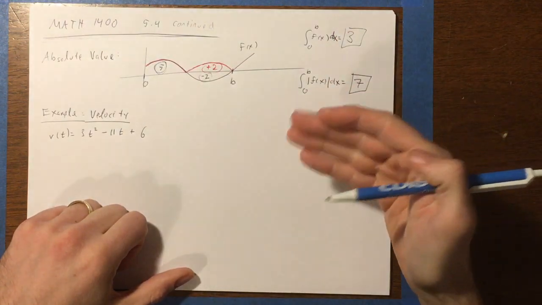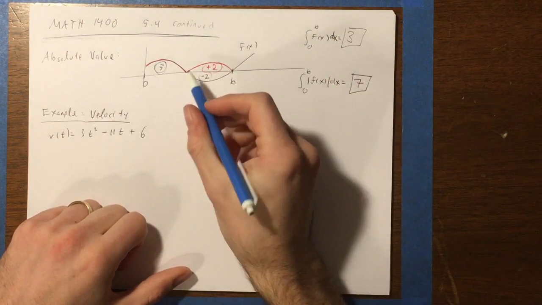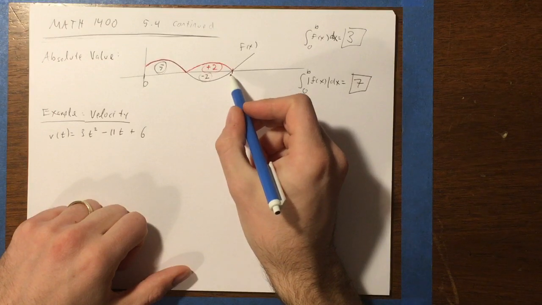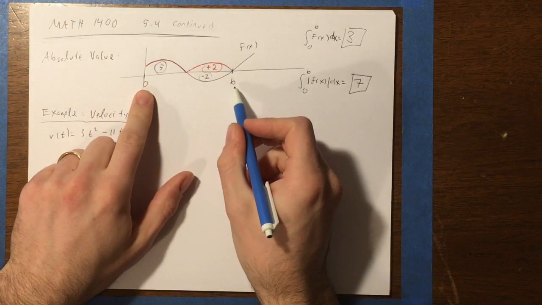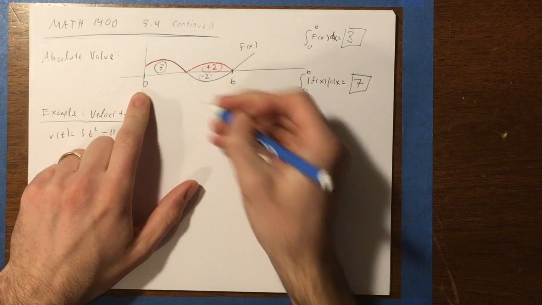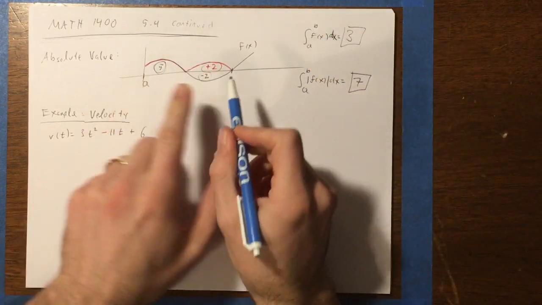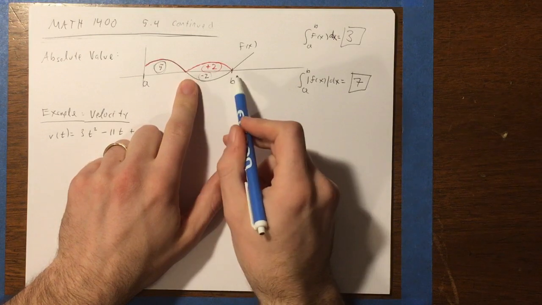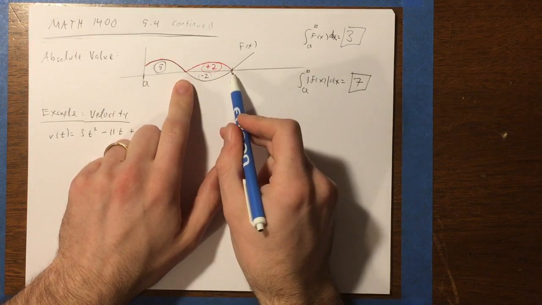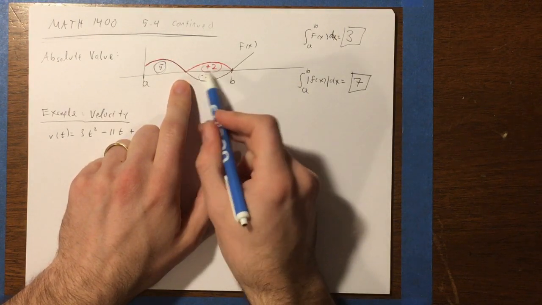You would have to find any part of that function that's within the interval in question. In this case, I'm going 0 to b. This could have been a to b or whatever. You have to find any part of that function where it's negative, and then you'd have to swap the sign.